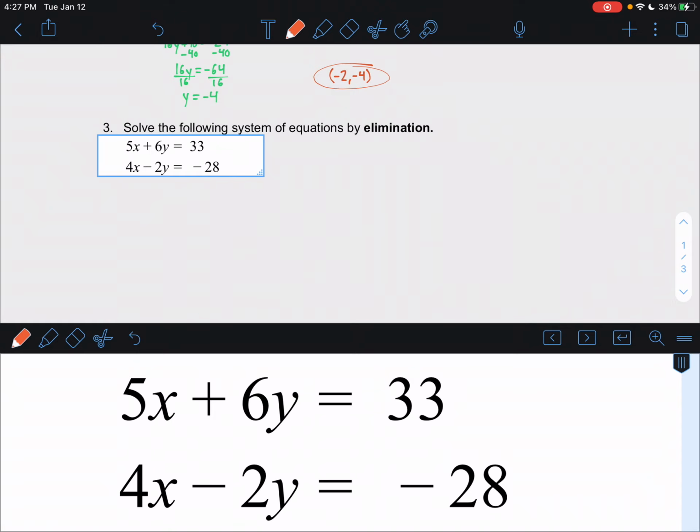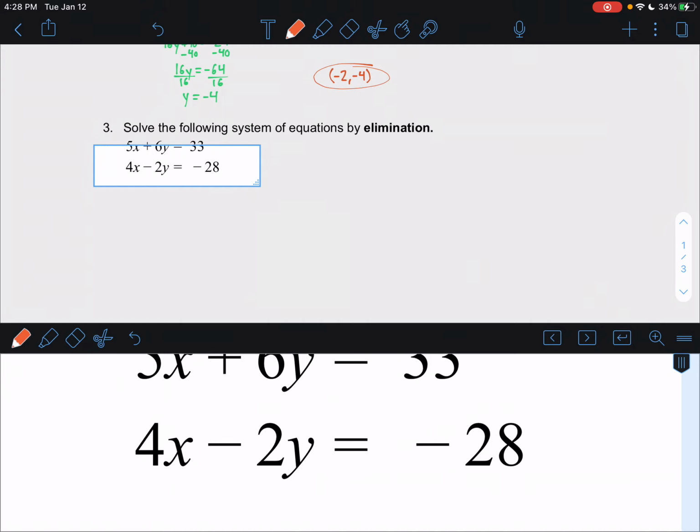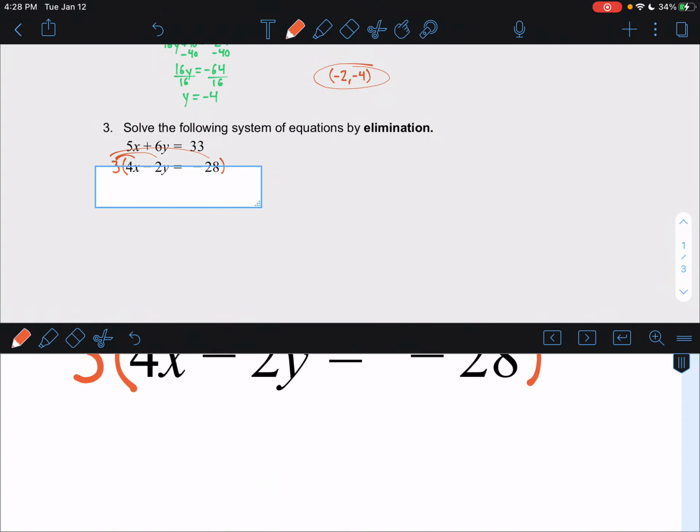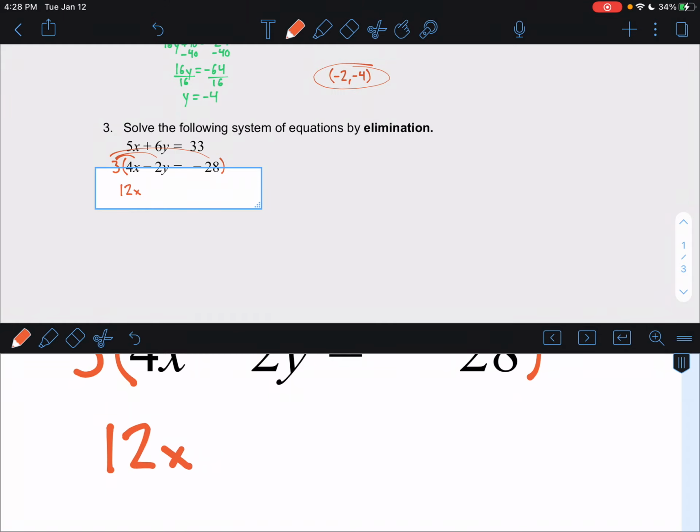But I'm looking at the 6 and the negative 2, and I know that if I multiply that negative 2 times 3, I'll have negative 6y. And then when I add everything together, things will cancel out. So I'm going to take this entire second equation and multiply everything by 3. So 3 times 4x is 12x, actually.